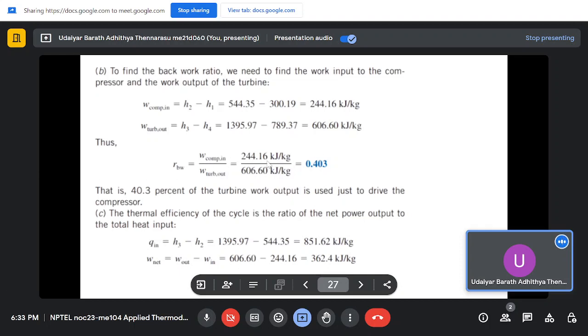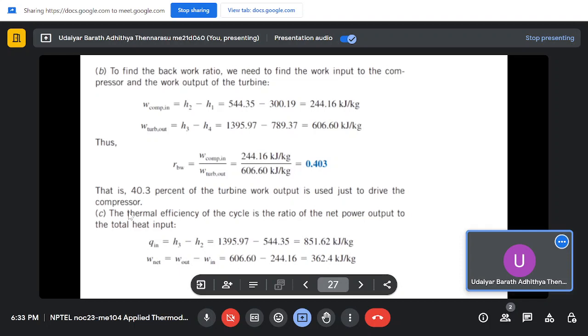So it will come out to be 244.16 divided by 606, which is 0.403. So that is 40.3% of the turbine work output is used just to drive the compressor. So only approximately 60% is the net work which is useful from the turbine.